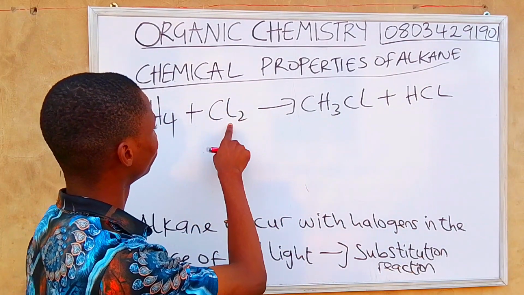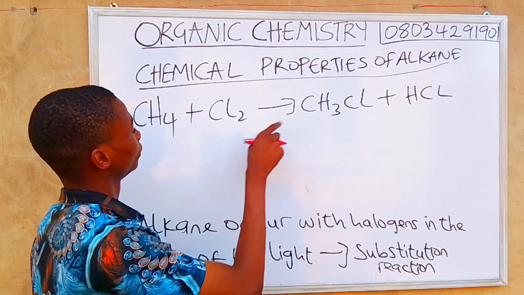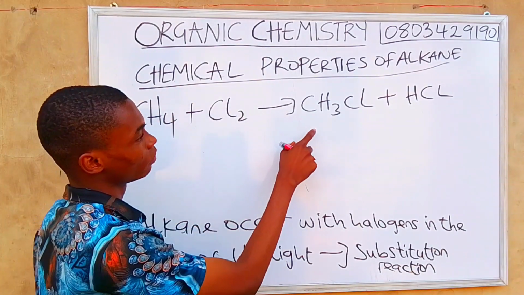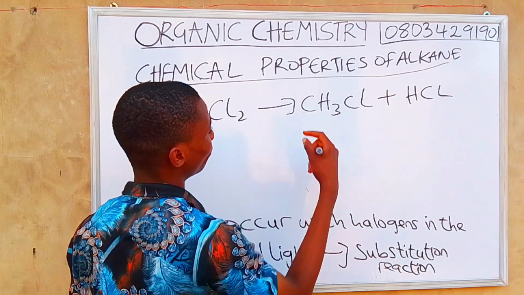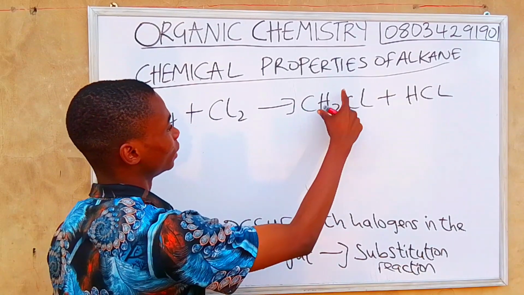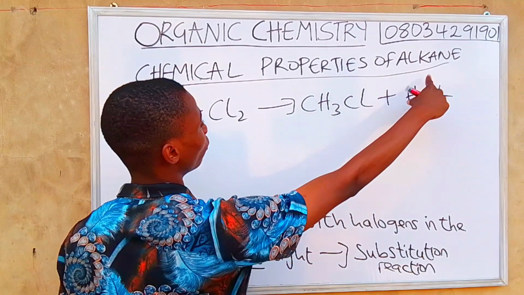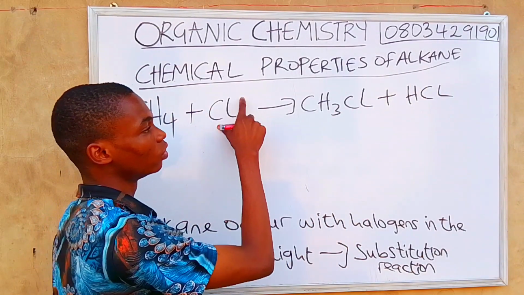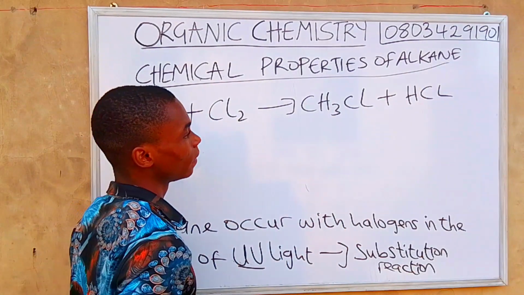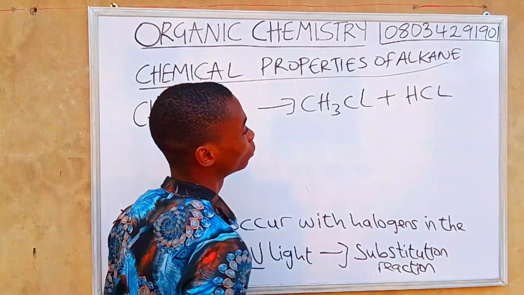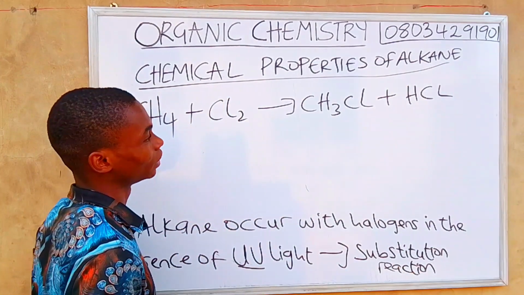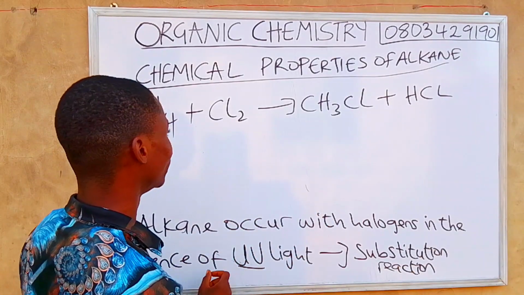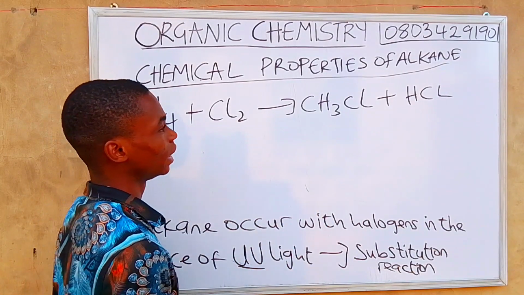So this is chlorine gas. We have 4 hydrogen, 1 carbon. Here we have 1 carbon, balanced. Here we have 3 hydrogen, 1 hydrogen, so that makes it 4 hydrogen. So it is balanced. For chlorine, we have 2 chlorine here, and 1 chlorine, 1 chlorine here. That makes it balanced. So this is how alkane reacts with halogens in the presence of ultraviolet light.